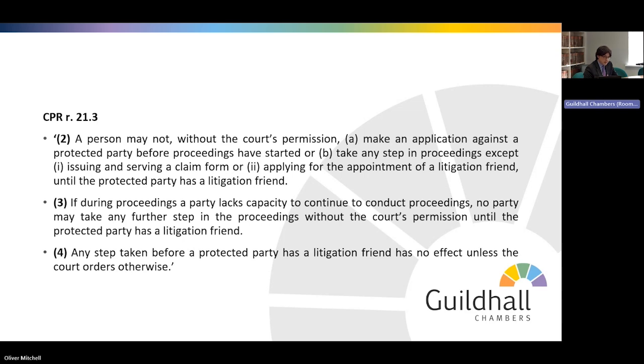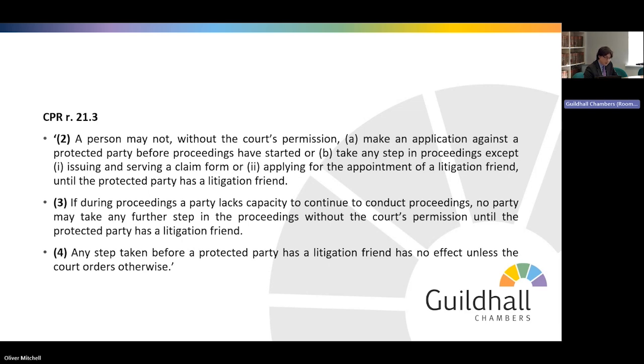And it has been said in the case law that provided everyone has acted in good faith and there has been no manifest disadvantage to a party who lacked capacity at the relevant time, then the court may be willing to retrospectively validate orders that have been made. However, everything must depend on the particular facts of the case, and it has been said that the court may be prepared to validate some steps and not others.